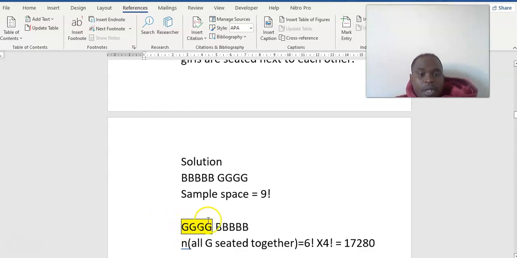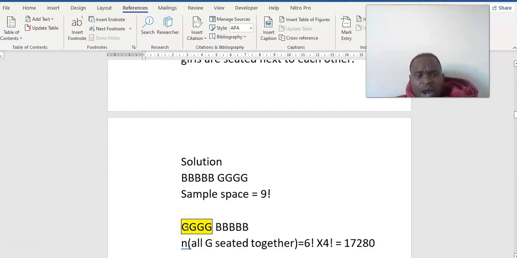So here, the girls are seated together, so you count them as 1. The boys, if they were seated together, you count them as 1. But this one is only the girls that are seated together, so I'm counting them as 1. The boys, I'm not counting them as 1. So this 1, 2, 3, 4, 5, 6. 6 factorial. And these girls, they are 4. They can swap around.